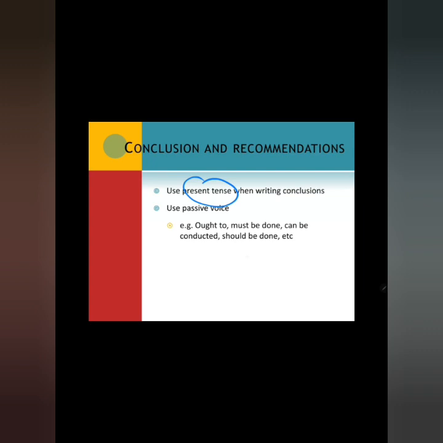But for recommendation, you will use passive voice because you are giving suggestion. So the language, you use the word ought to, must be done, should be done, and whatnot.